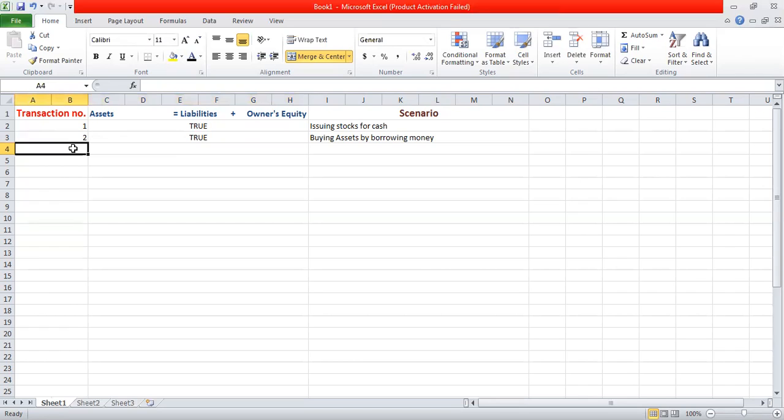Now transaction number 3, which is selling of assets for cash to pay off liabilities.